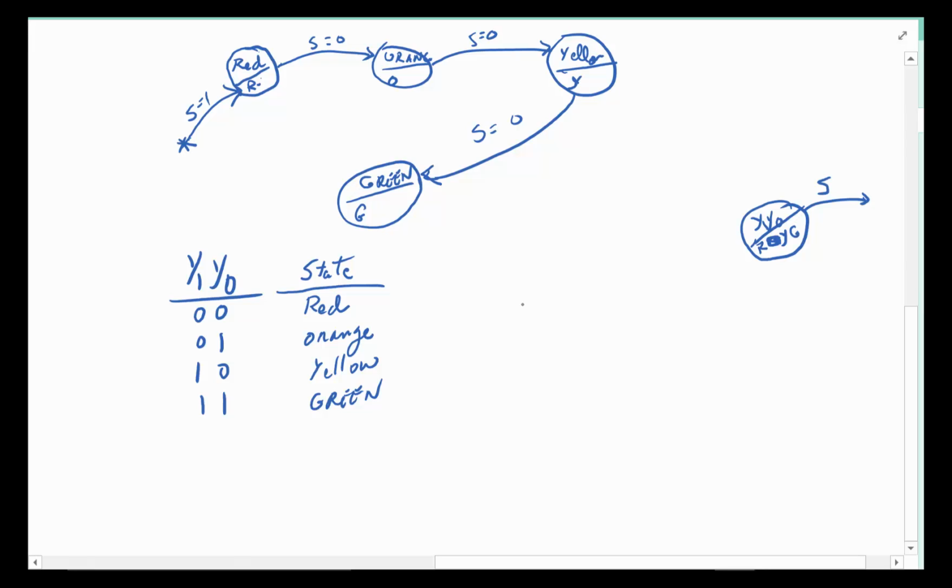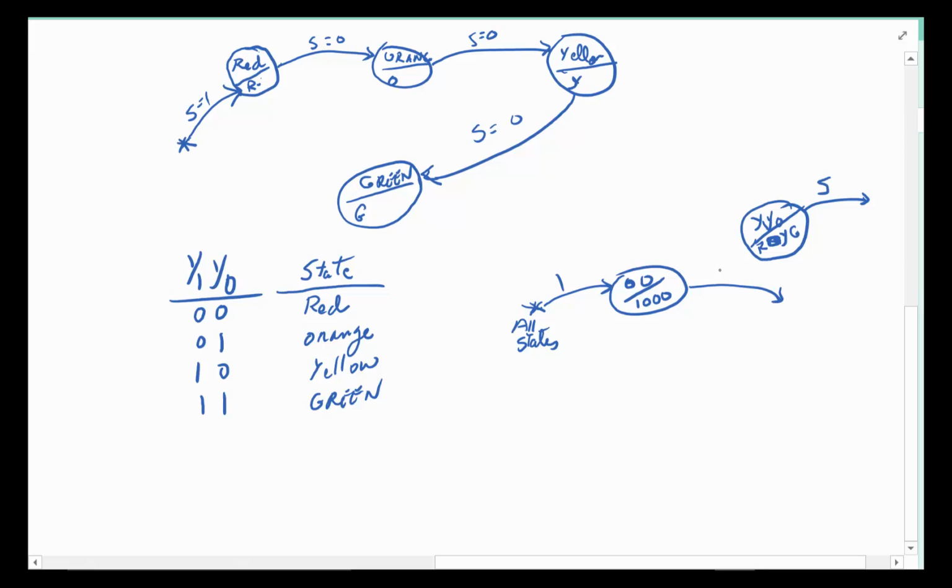Let's redraw this one. Every state, it really doesn't matter which state we are in, so this star means all states, we'll end up in state 0, which we have assigned 0, 0 to, and the output is going to be red, which means 1, 0, 0, 0.